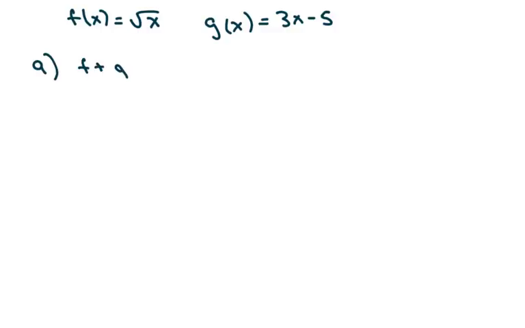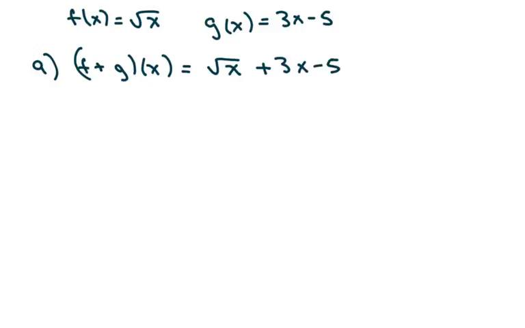We have f of x equals the square root of x. We have g of x equals 3x minus 5. So we're going to do number 1, or A, f plus g of x. And what we're going to get is square root of x plus 3x minus 5.